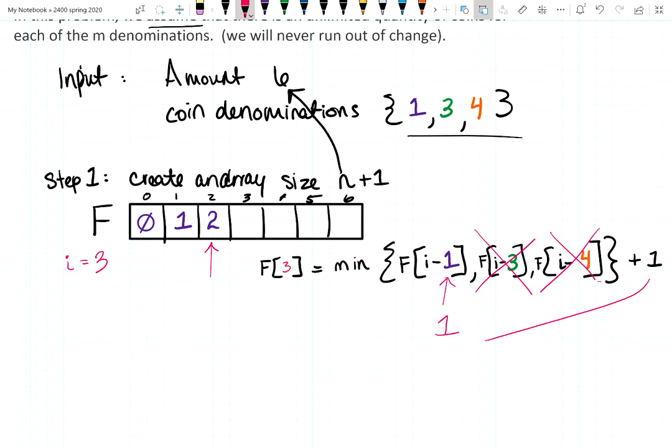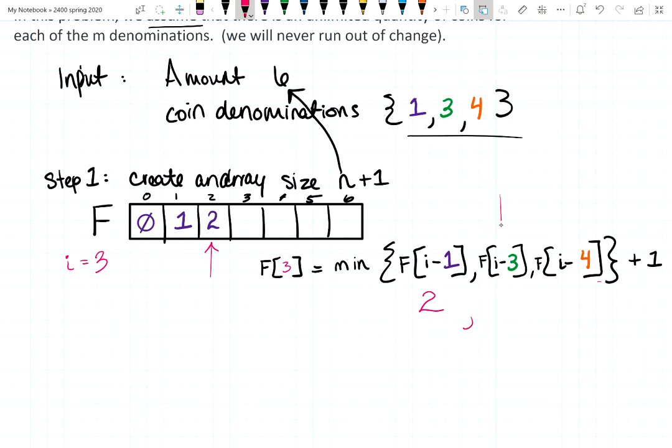And f of 3 is equal to f of 3 minus 1. We're going to include this one because 1 is smaller than 3. So 3 minus 1 is 2. f of 2 is 2, comma.